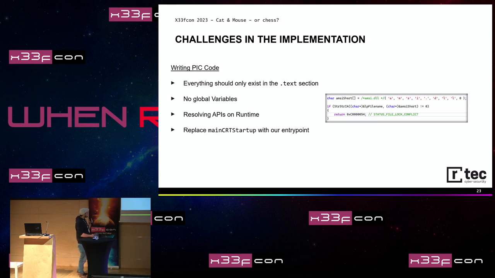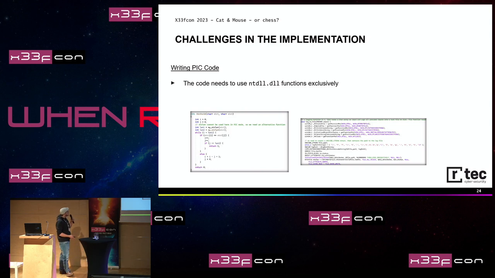Then one more thing is that we have to replace the main CRT startup routine with our own entry point, to more or less jump above all the code that is typically called when an executable is started.